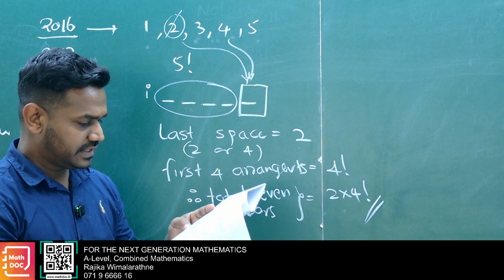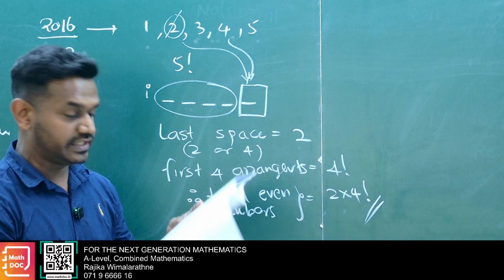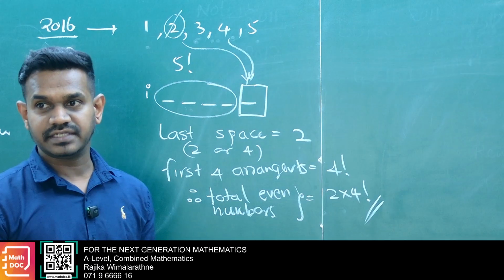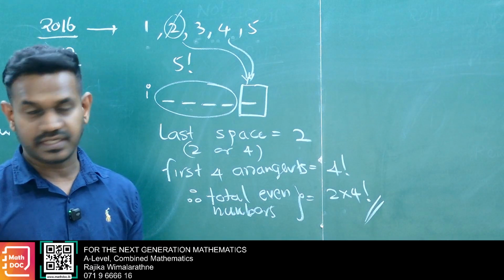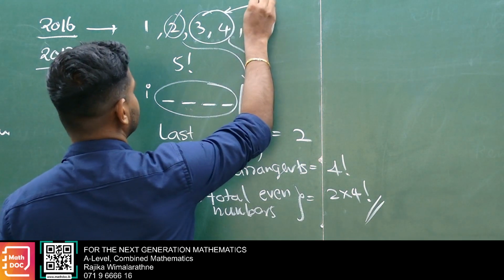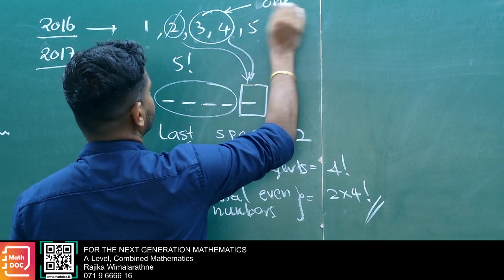Then the next case, the digits 3, 4 next to each other. 3, 4 or 4, 3, both combinations are possible. Then you take 3, 4 together as one single unit.